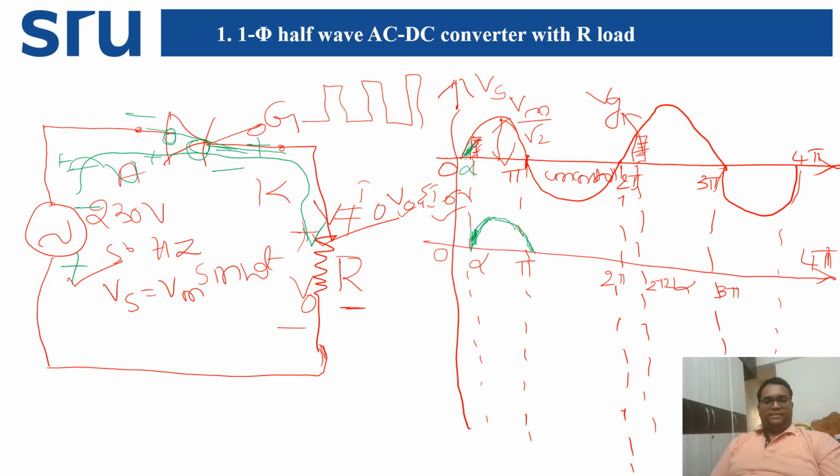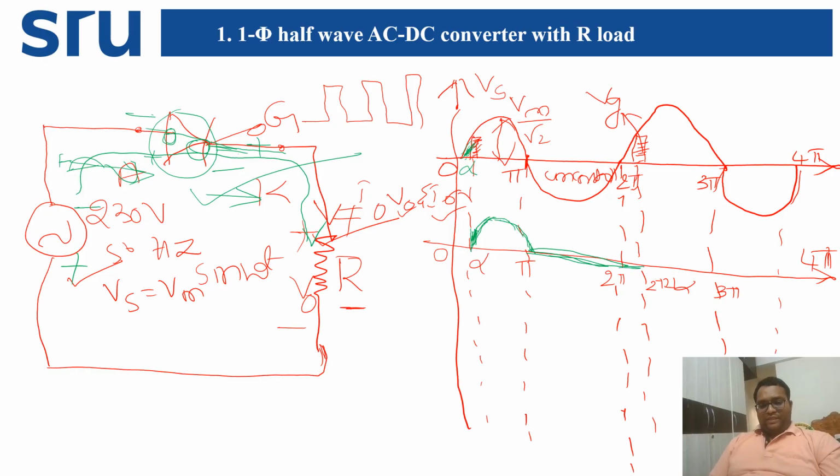If this is minus and this is plus, then the entire circuit will be open circuited. Then there is no connection between source and load. From pi to 2 pi there is no voltage or current because the circuit is open circuited. Then from 2 pi to 2 pi plus alpha, we are not going to give any triggering angle. It means the silicon controlled rectifier is still in open circuit condition.